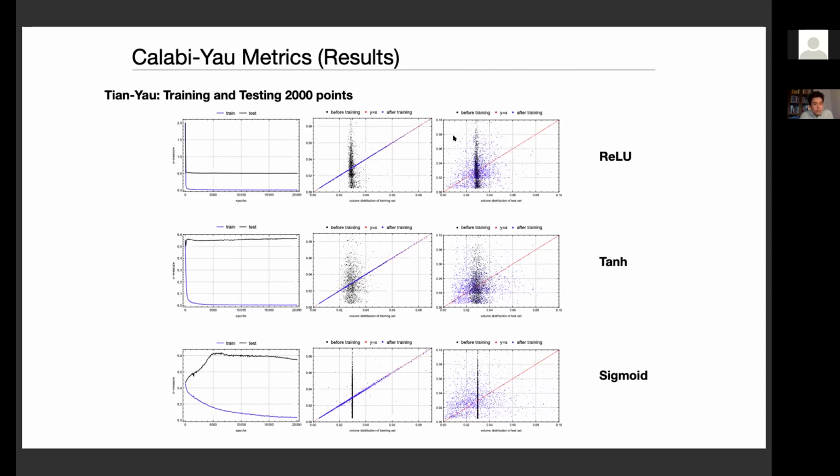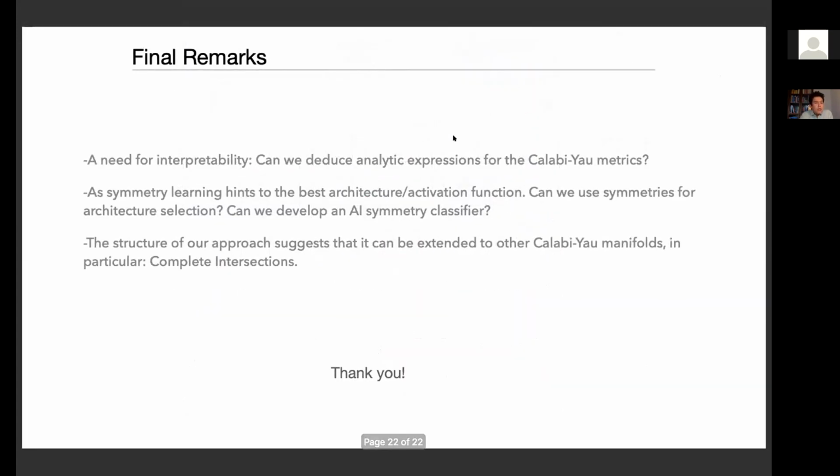So those are the results I wanted to show you. We managed to approximate to a certain degree the Ricci flat metrics using neural network approximation.